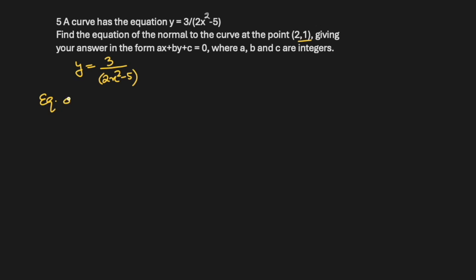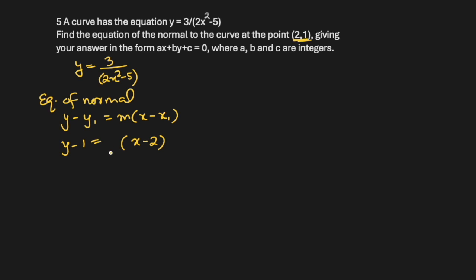So equation of any line, in this case normal, is y minus y1 equal to m times x minus x1, where x1, y1 are the coordinates of the point where the normal is on the curve. So y minus 1 equal to m, which we have to find out, times x minus 2.